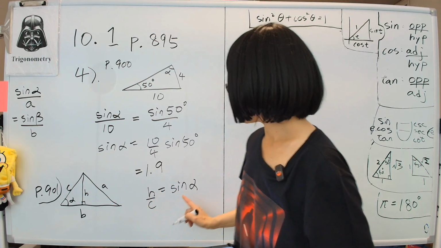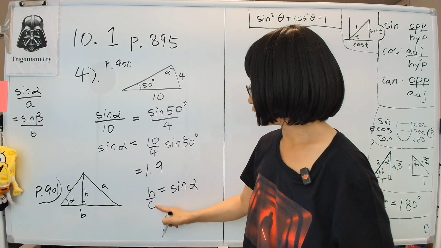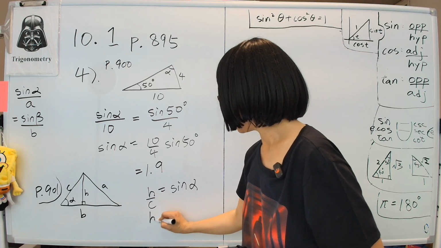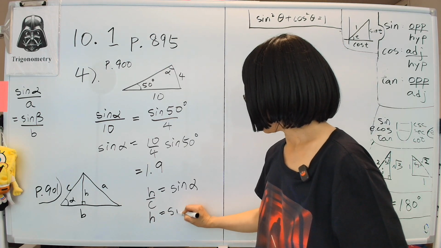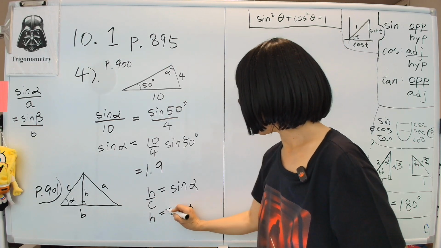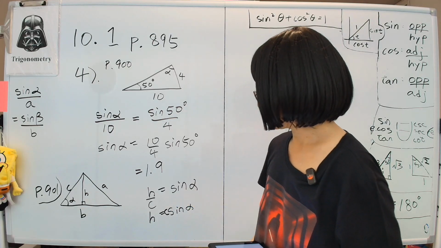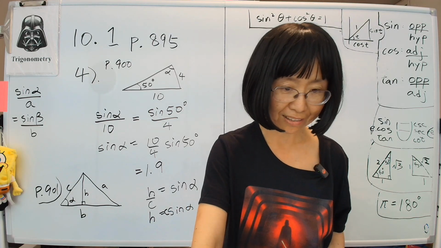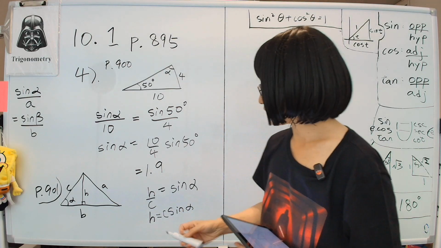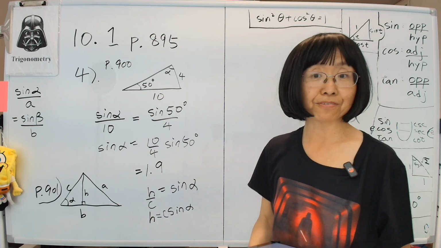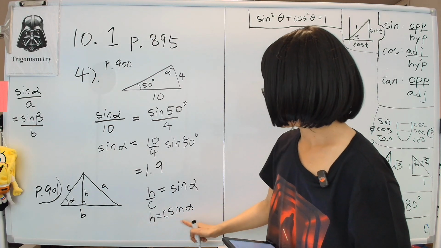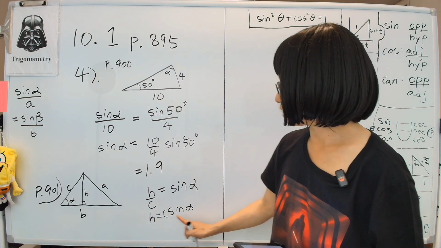So sine alpha is going to be h over c, or put it another way, h is equal to c sine alpha. Maybe I should write the c here. Okay, I fixed it. h equals c sine alpha.